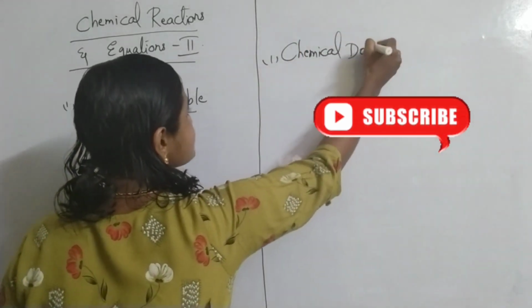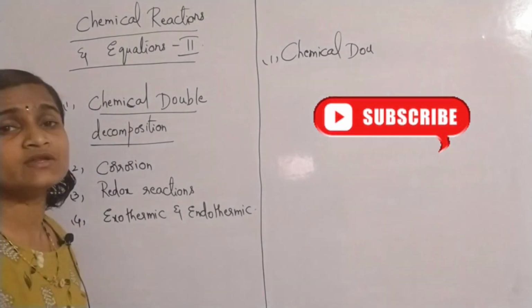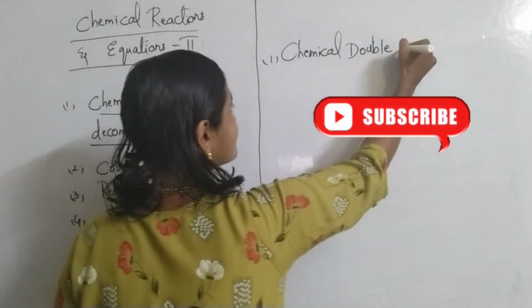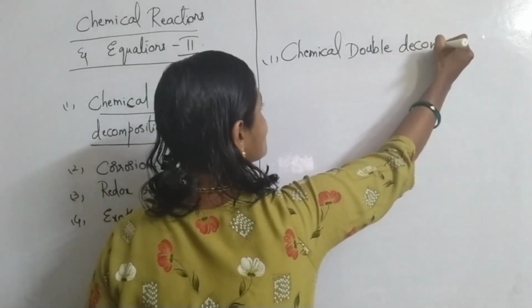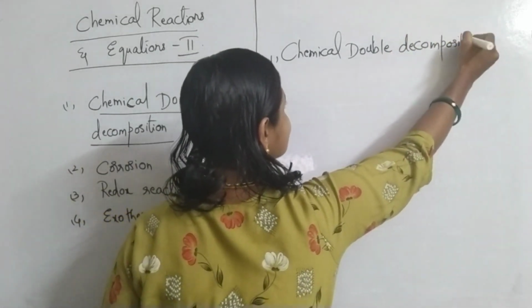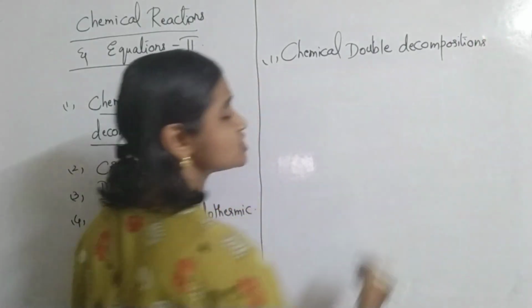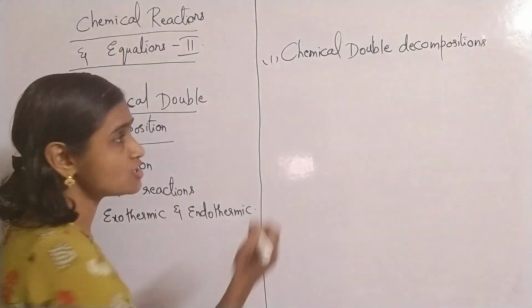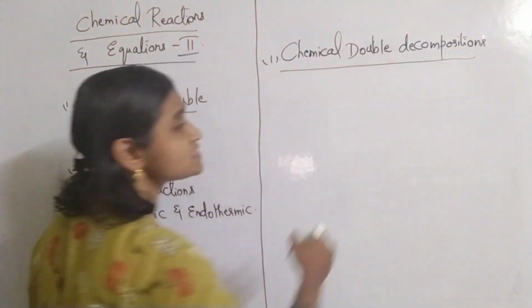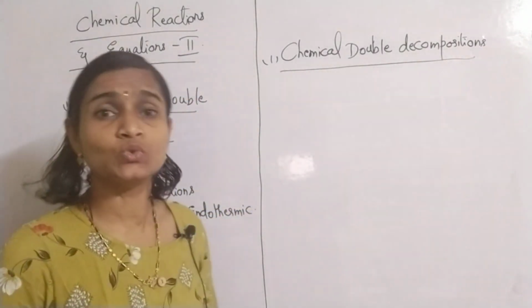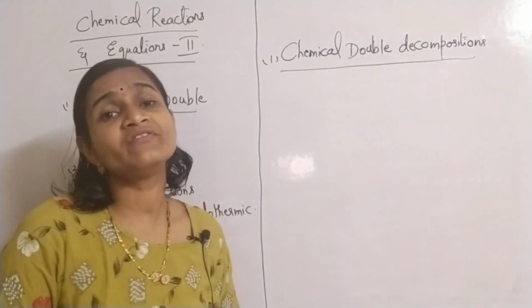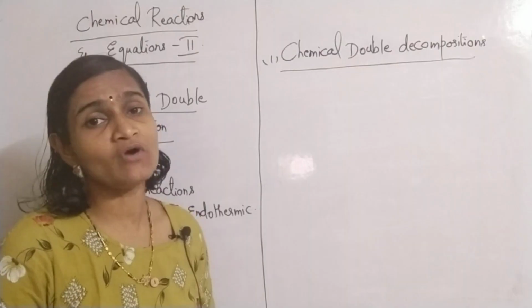In chemical double decomposition reactions, mutual exchange of radicals takes place. Mutual exchange of radicals means ions get exchanged. The ions get interchanged with each other, so that two times splitting of a compound takes place, and we get two different newly formed compounds.